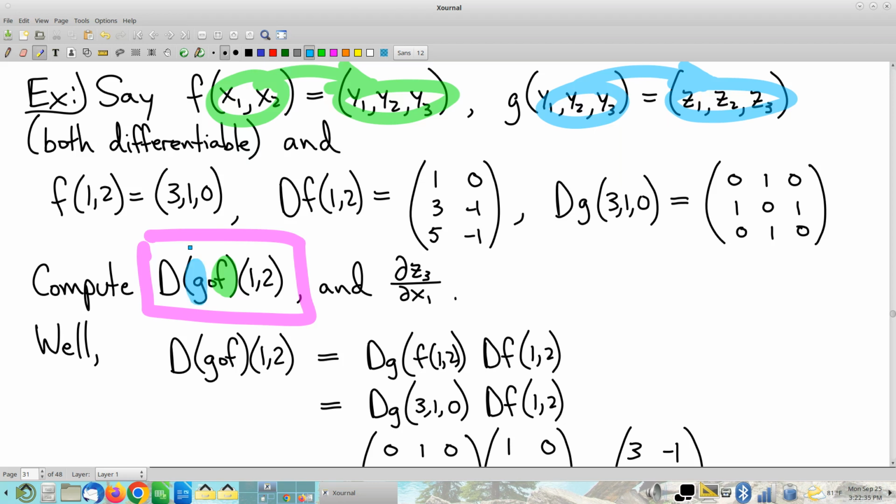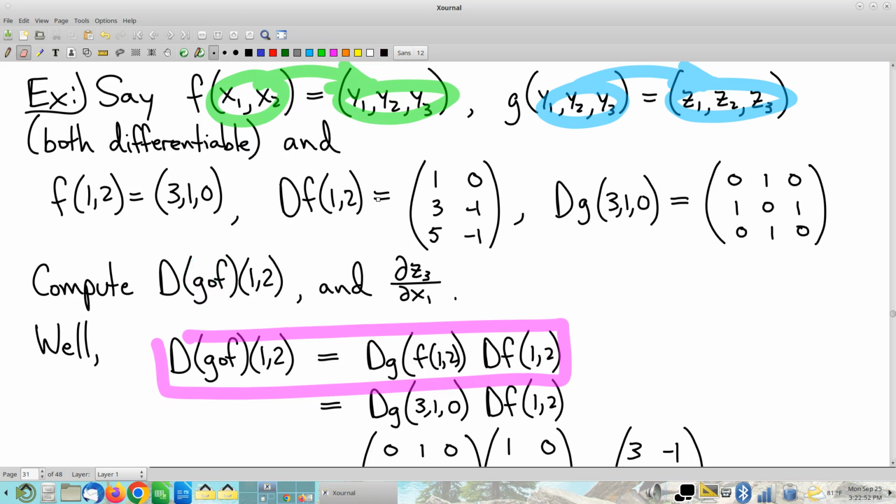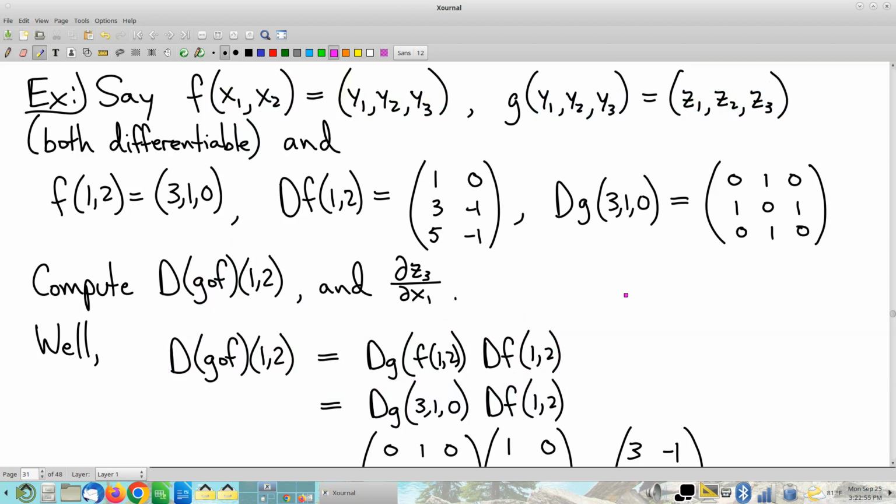Okay, so how do you find the derivative of this composition? Well, we have an explicit formula on the previous page. The derivative of the composition is the product of the derivatives. Cool. Let's start plugging stuff in. Apparently the first thing we need is the derivative of the f function at the point (1, 2).